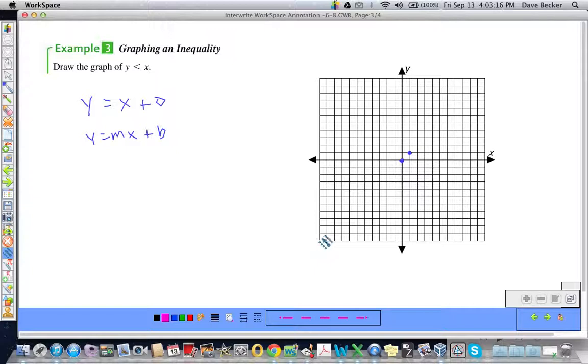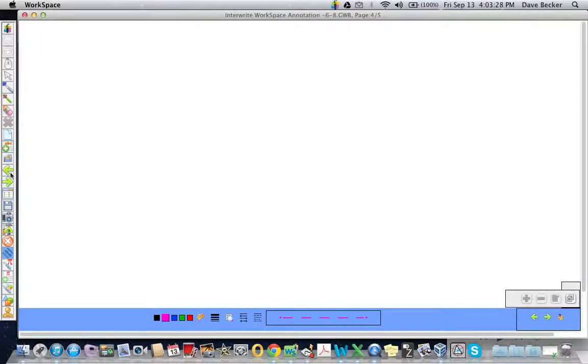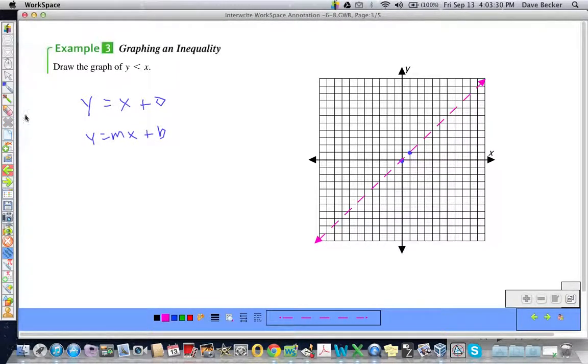And let's see, here we go. It's going to look like that. Okay, I can't use 0, 0 as my test point, so maybe I'll test 3, 1, it's just out of the way there.